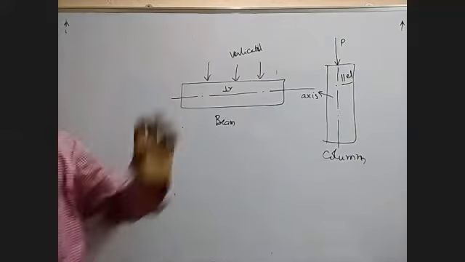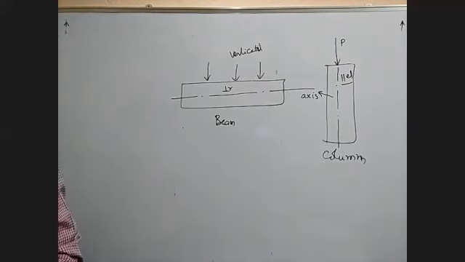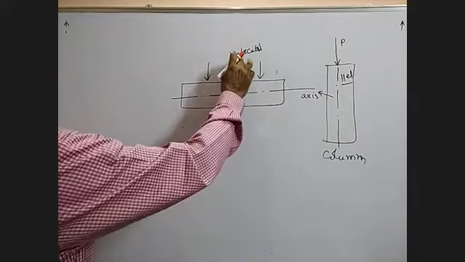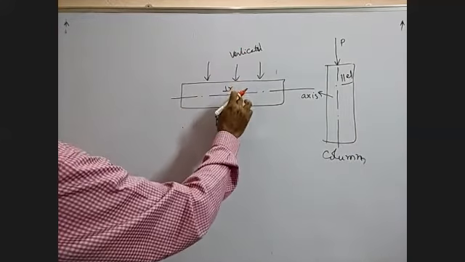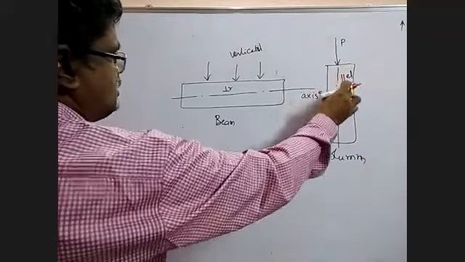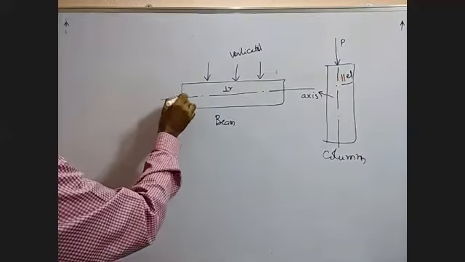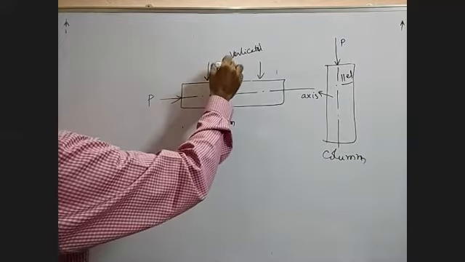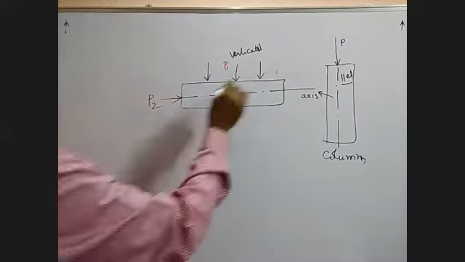Okay. Suppose if this member is having both the loads, this load is perpendicular to the axis of the member. This load is parallel to the axis of the member. రెండు తీసుకొచ్చి ఇక్కడ పెట్టారు. Let us say the P1 అనుకోండి, the P2 అనుకోండి.